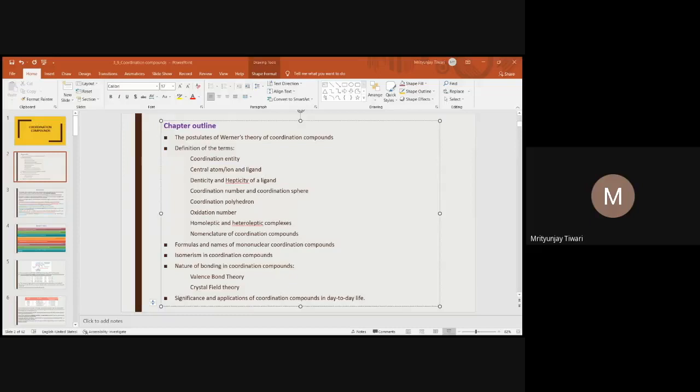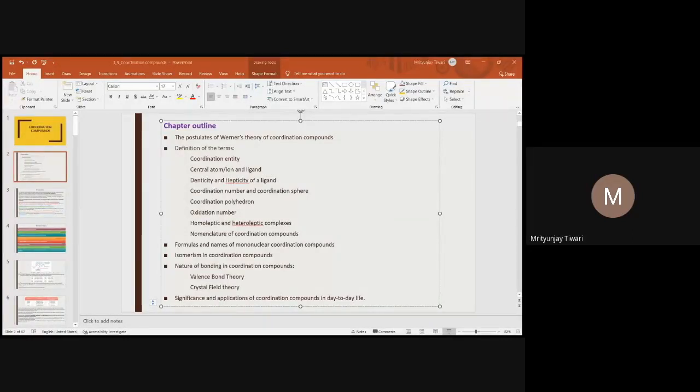And the bound molecules or ions attached to the coordination center are called ligands or complexing agents. The ions or neutral molecules which form bonds with the central metal or coordination center are called ligands or complexing agents.